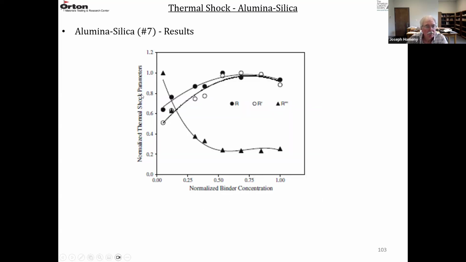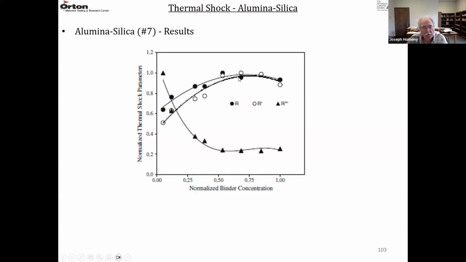So the normalized thermal shock parameters R, R prime and R3 prime look like this. The dark circle is R, the open circle is R prime, shown as a function of binder concentration, and then the triangles are R3 prime.